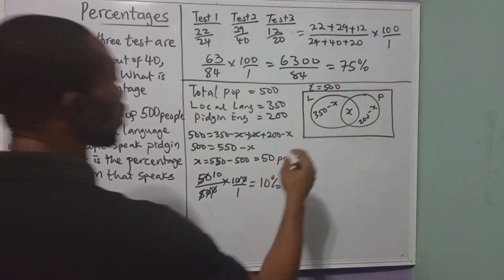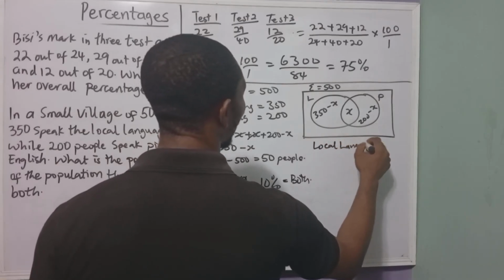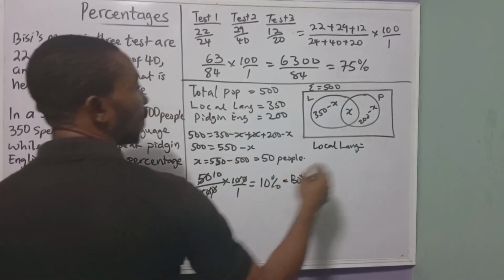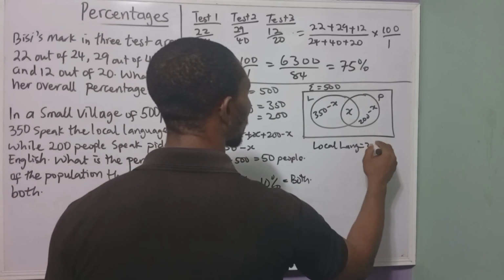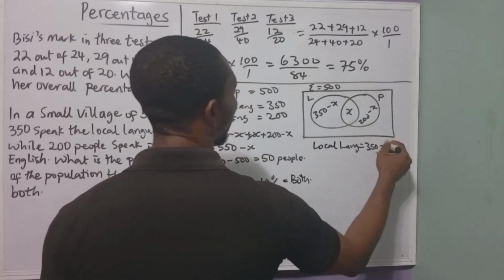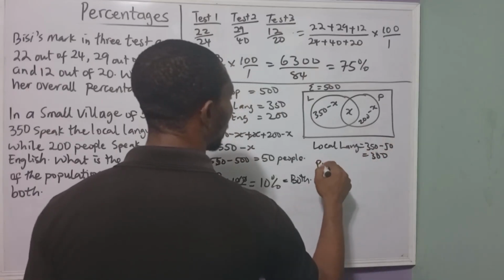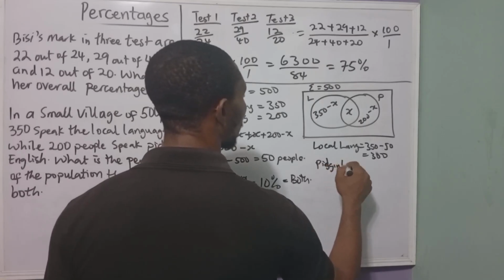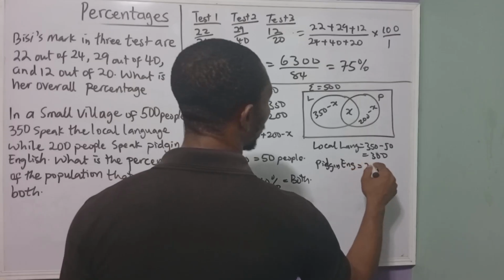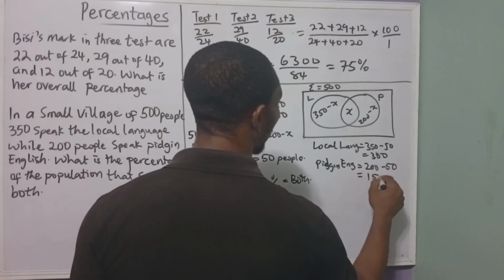So for those that speak only the local language, we have 350 minus 50 to give us 300, and Pidgin English would be 200 minus 50, which gives us 150.